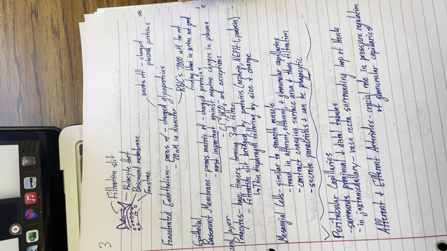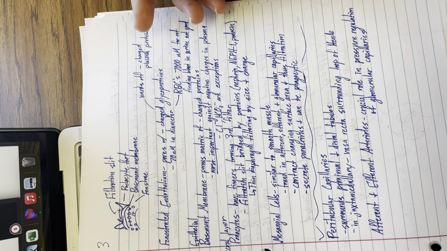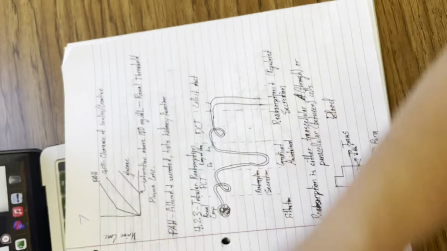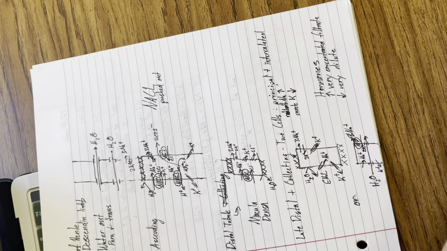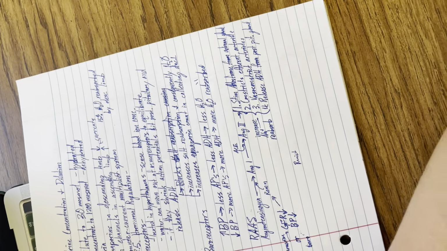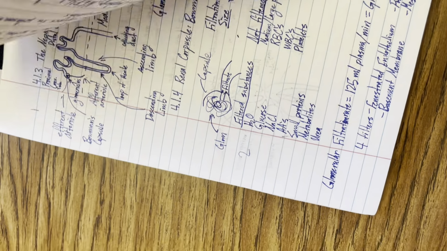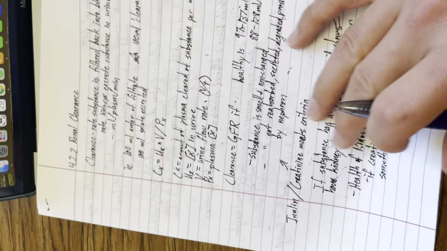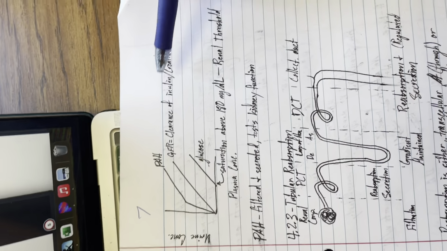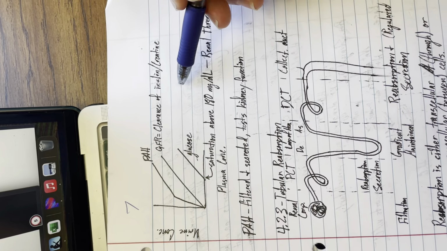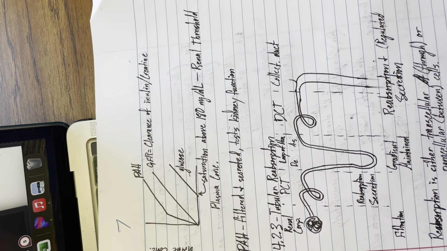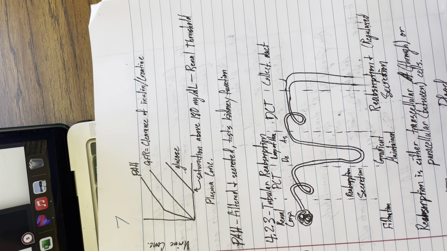And glomerular filtration rate we went over here. Glomerular filtration rate had to do with your concentration in the urine versus the plasma.